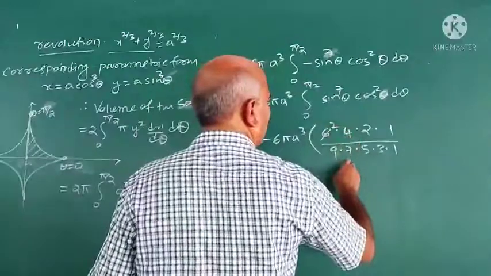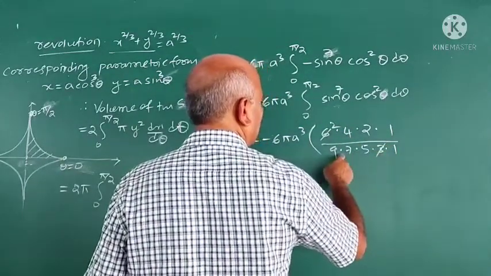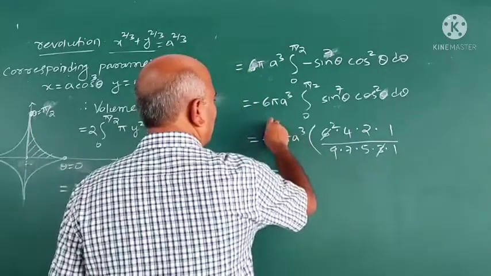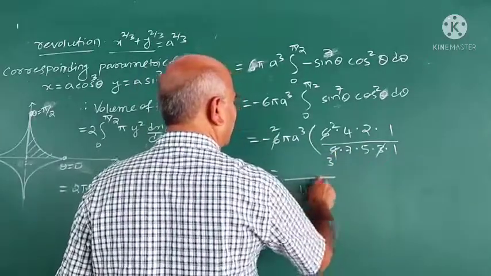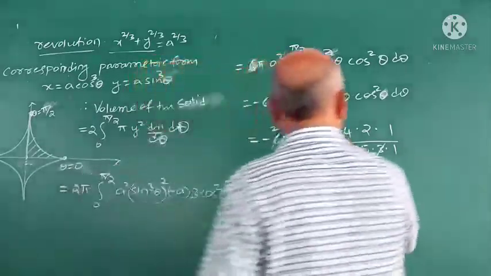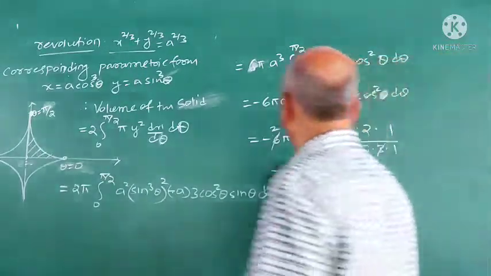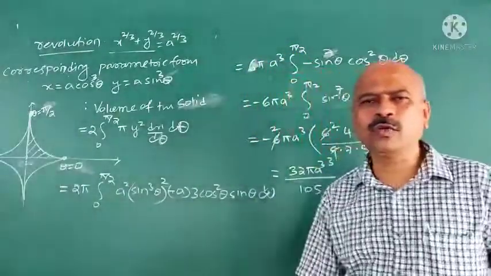Is it correct? The denominator is 105. Numerator is 2 into 2, 4 into 4, 16 into 2 is 32. So 32 pi a cube.